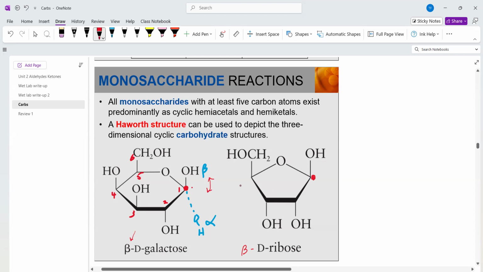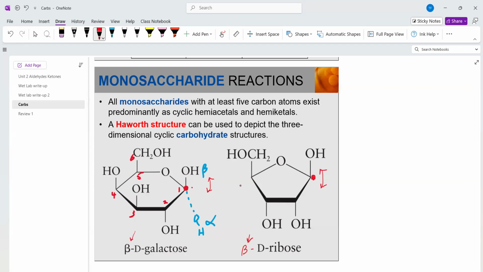Also note, this is going to be up or down. If it's up, it's going to be beta. Down, it's going to be alpha. Okay, the chemistry is the same, whether it's alpha or beta, until they link up with another monosaccharide. And you'll see that along the way here.